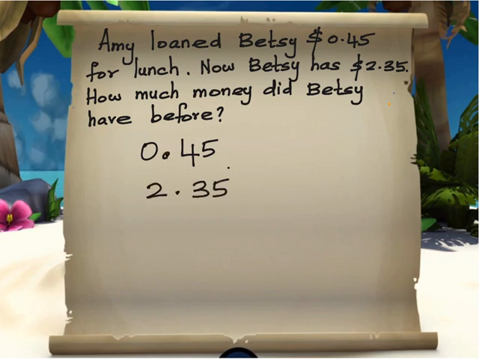The decimal point is 2 digits to the left, so it is 2 digits here also. When we write the answer, we have to keep the decimal point 2 digits to the left. Let's do the problem.